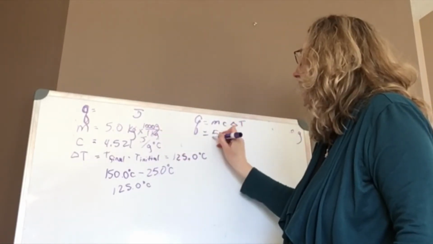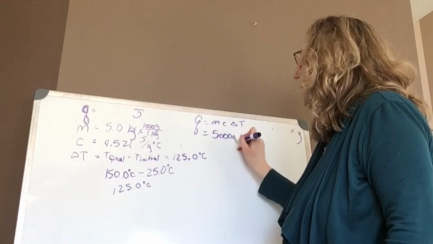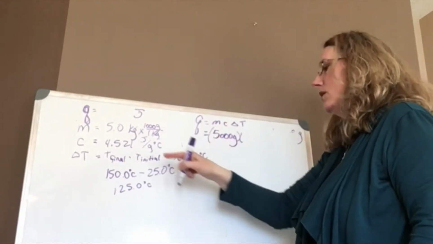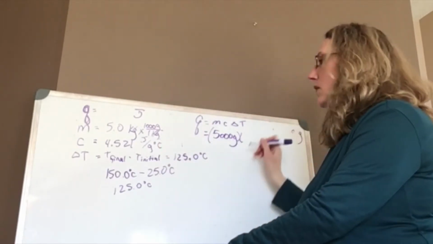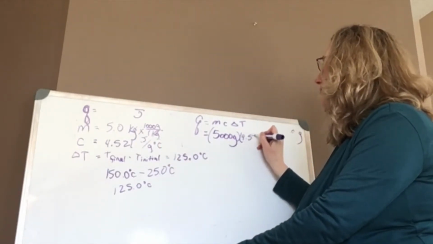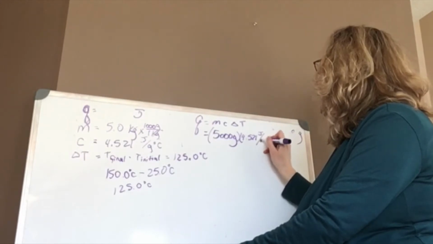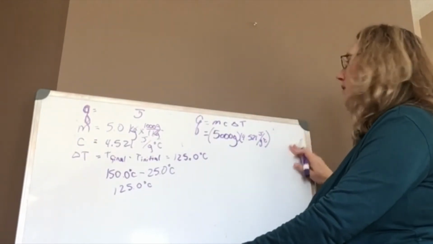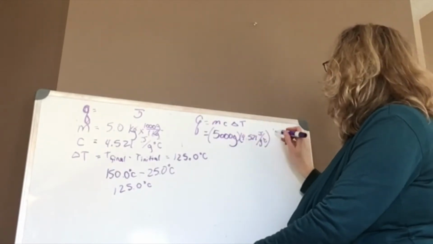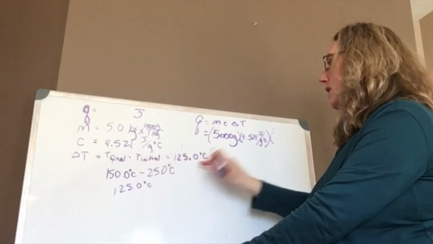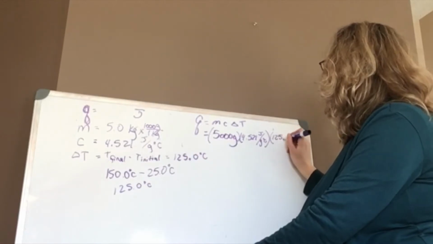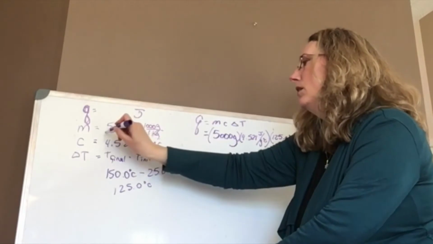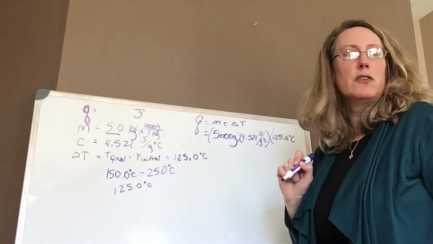So I have 5,000 grams, was my M, times, they told me that it was iron, so 4.521 joules per gram degree C. I got that from a chart. And my delta T is going to be 125.0 degrees C.